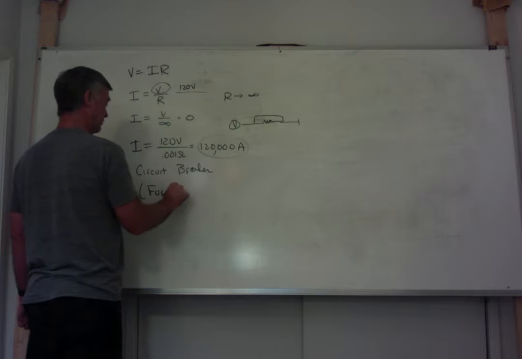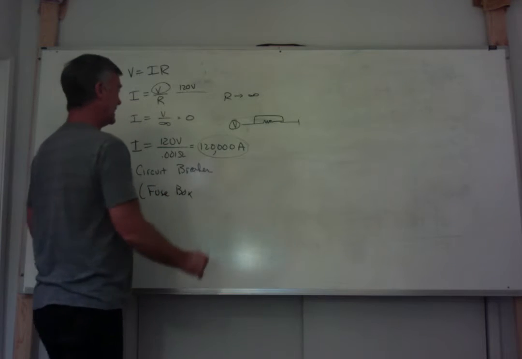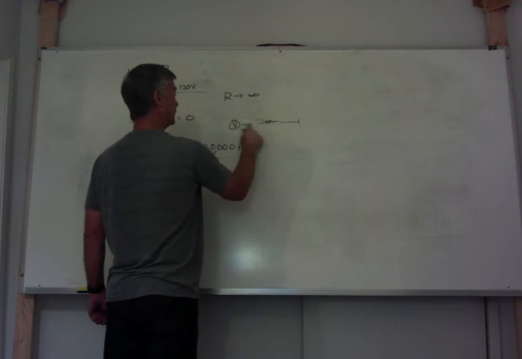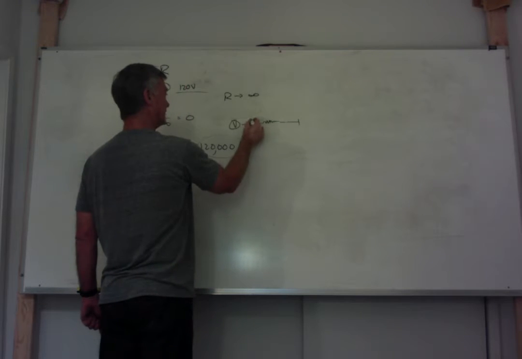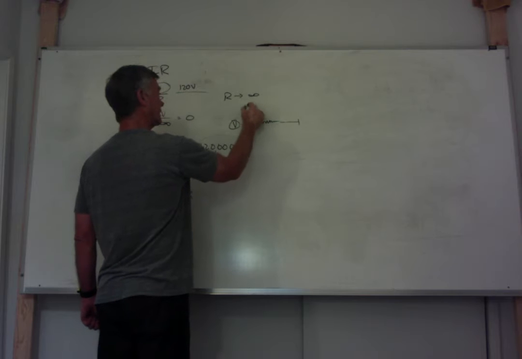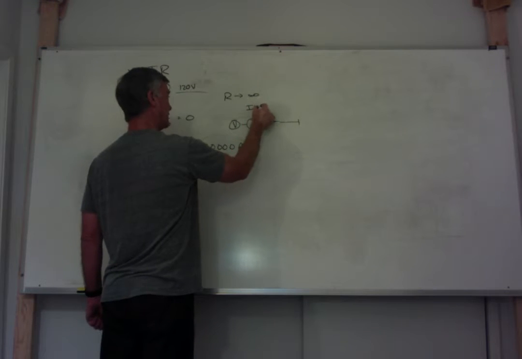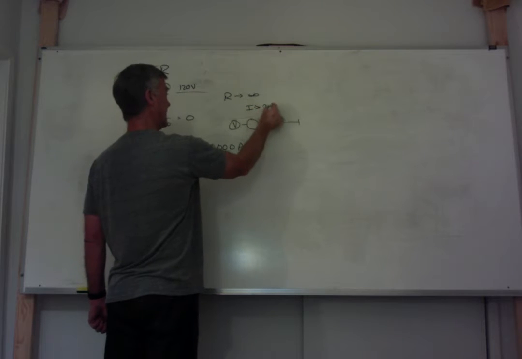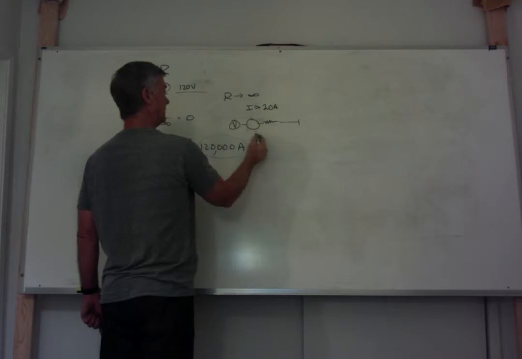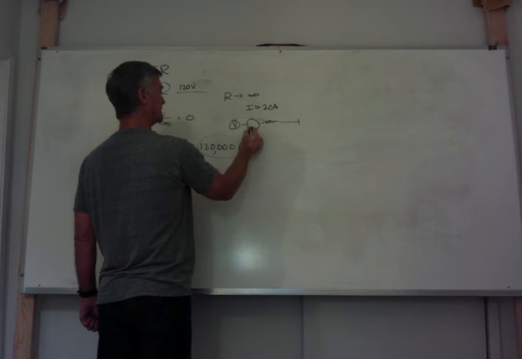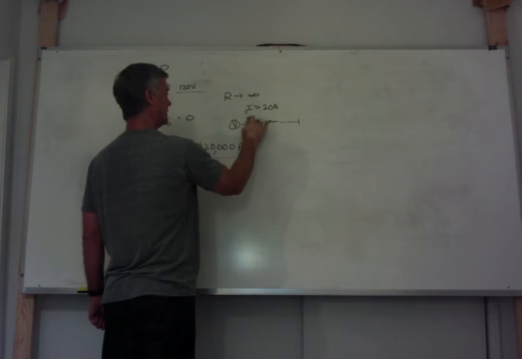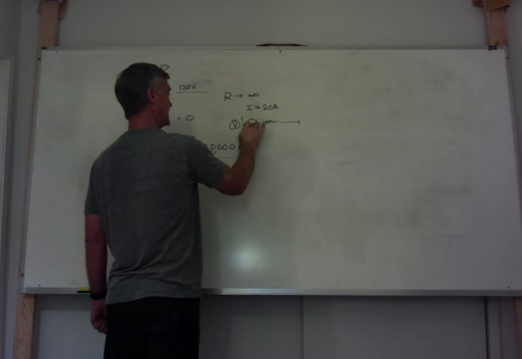Basically between here and your outlet, they're going to put a little device that if the current goes above, let's say this is a 20 amp wire, if the current goes above 20 amps, then there's a little piece of wire in here that burns out. And when it burns out, it shuts the electricity off.